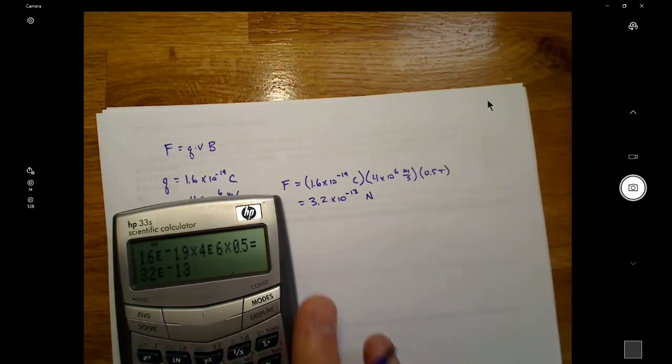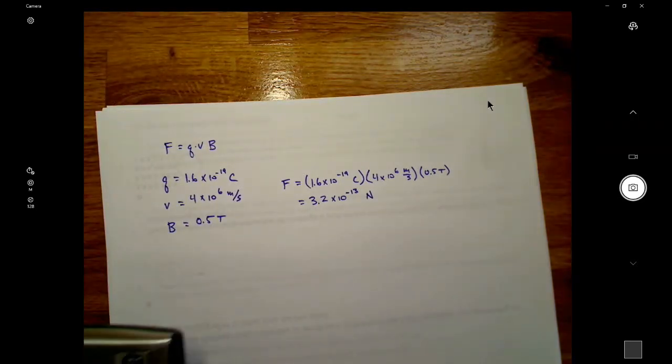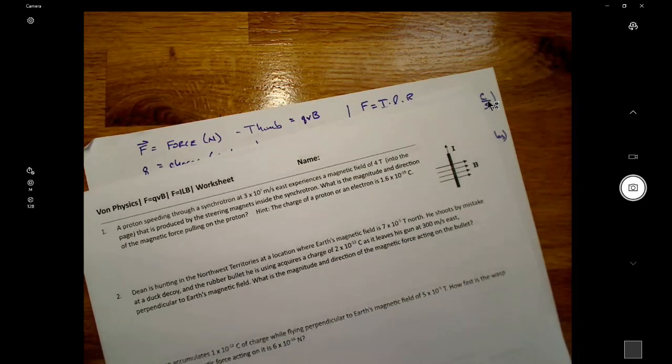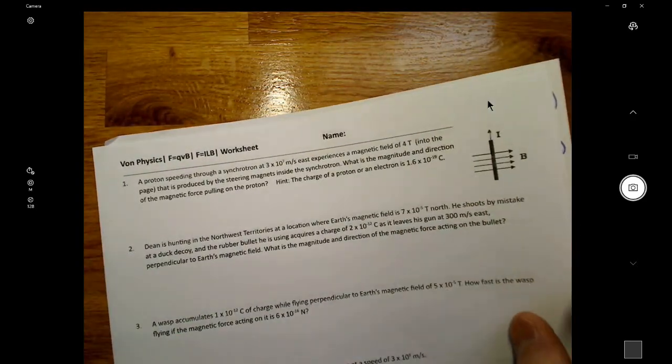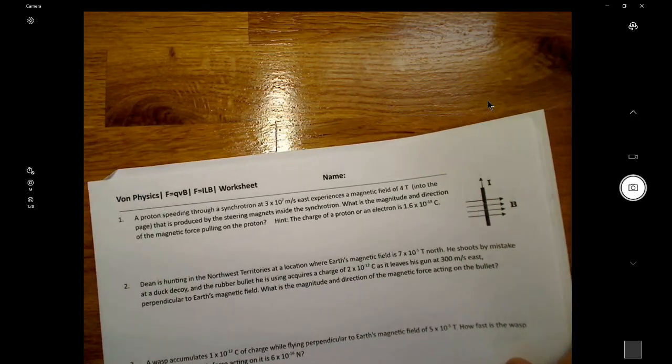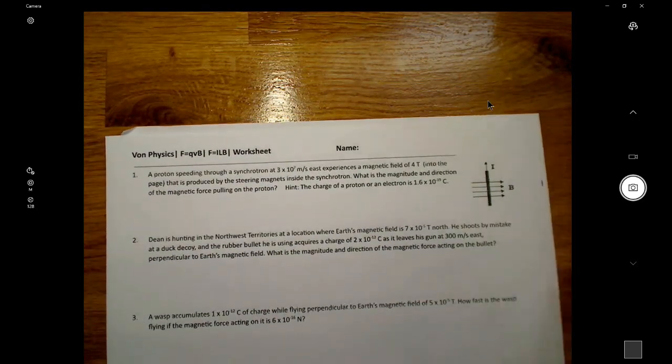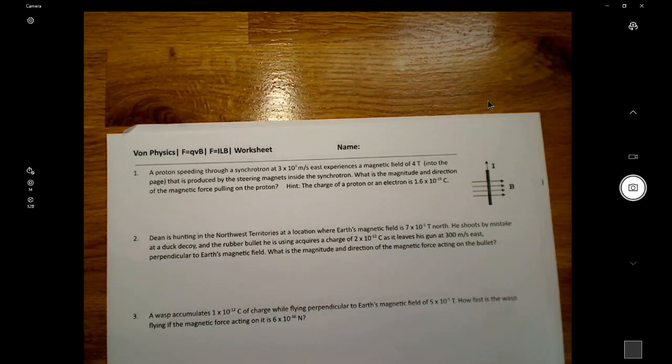All right. So let's take a look at some of the problems that you guys are going to encounter in your homework set. So, number 1 is almost identical to the same problem we just did, but let's do it again here.